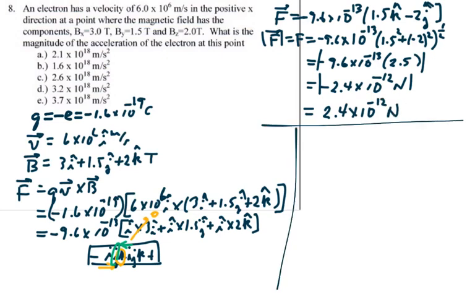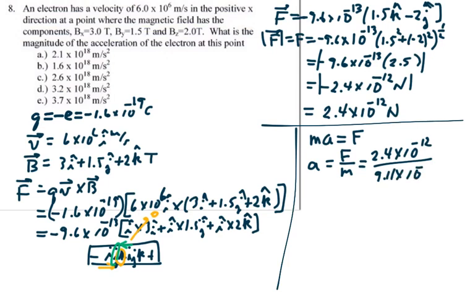Nice to know, but we want the acceleration. And if this force is the only force responsible for the acceleration, then by Newton's second law, mass times acceleration is equal to our net force, and acceleration would then be equal to the force divided by the mass. So that would be 2.4 times 10 to the minus 12 newtons divided by the mass of an electron, 9.11 times 10 to the minus 31 kilograms.